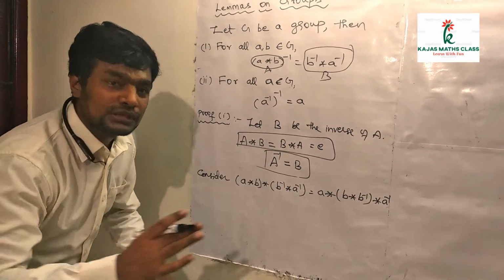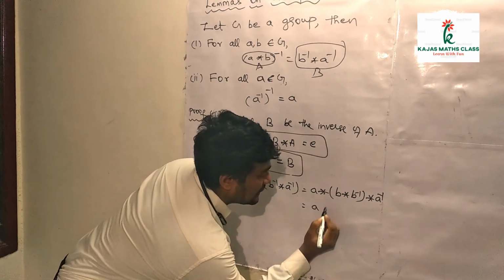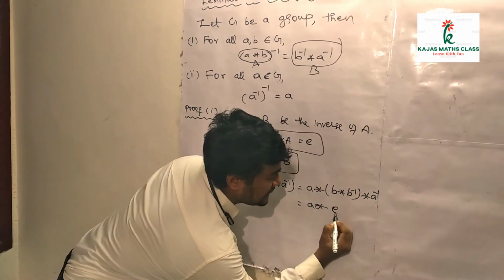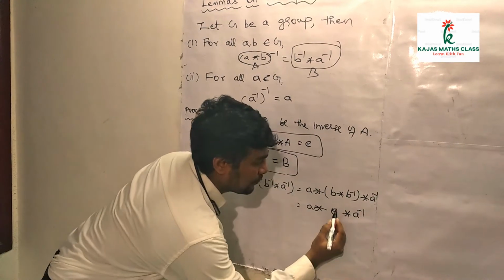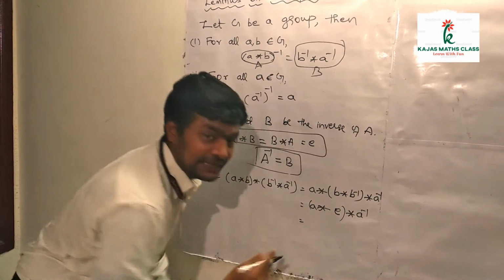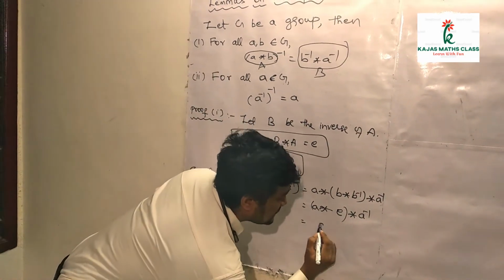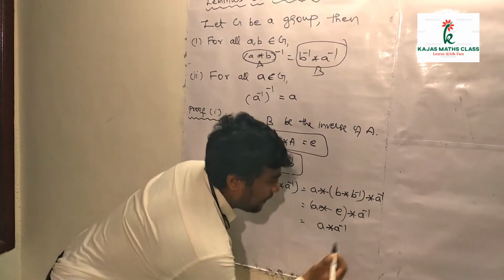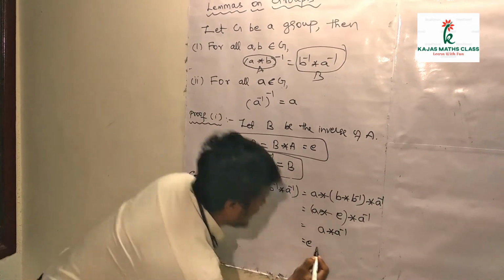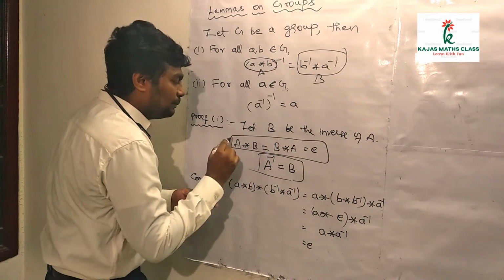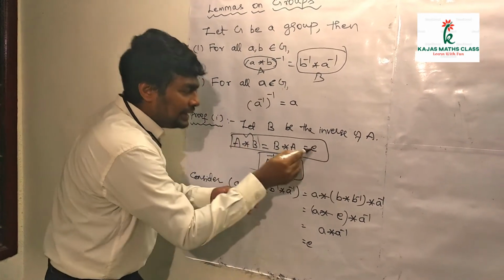I am using the associative property here. a * (what is b * b inverse?) It is e, right? Now you can combine these two. Same associative property. a * e is a. What is a * a inverse? It is e. I proved the first one. I proved this is equal to e.